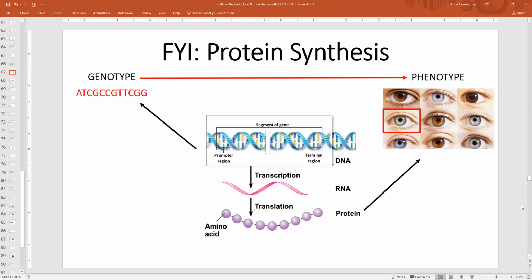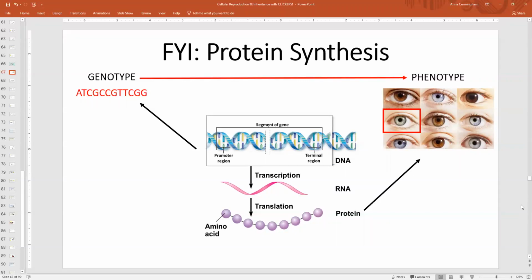Again, this is typically due to proteins, genes becoming proteins, which is why this is called protein synthesis, or gene expression, which means the exact same thing. You can think of a genotype as your genetic sequence, and a phenotype as the outward expression of that.